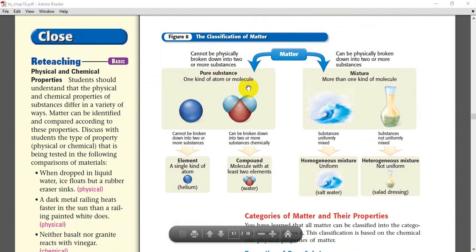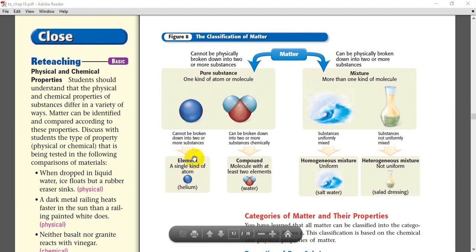So let's revise what we have taken in this lesson. We said matter is anything that has mass and volume. We have two types of matter, pure substances and mixtures. Pure substances, like elements, cannot be broken down into two or more substances.